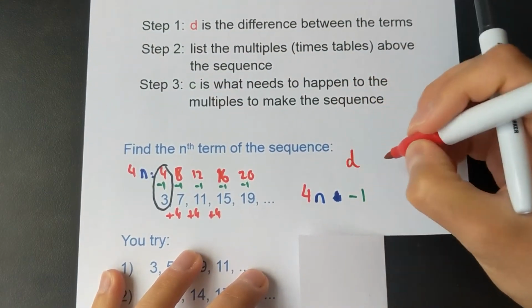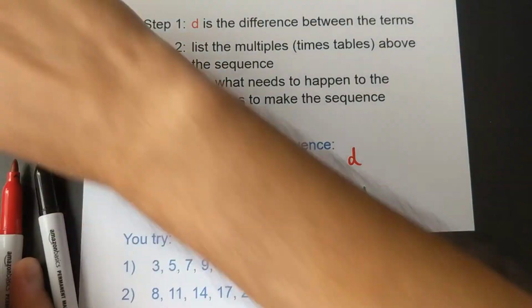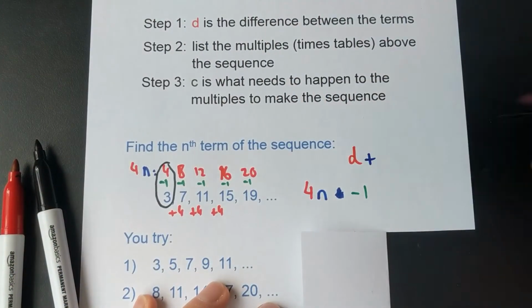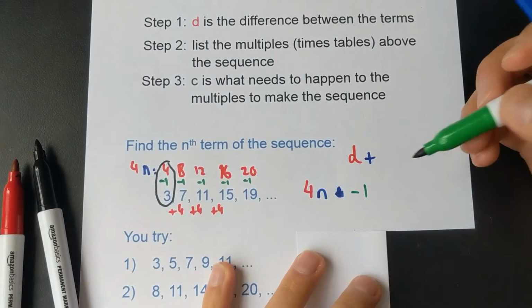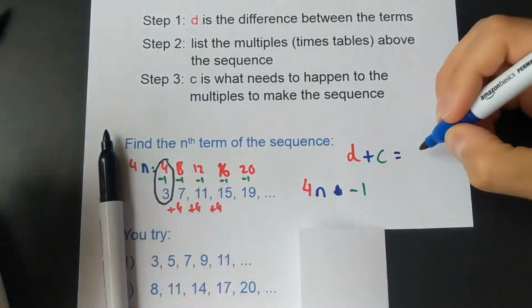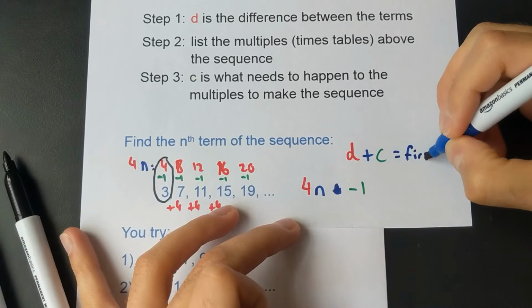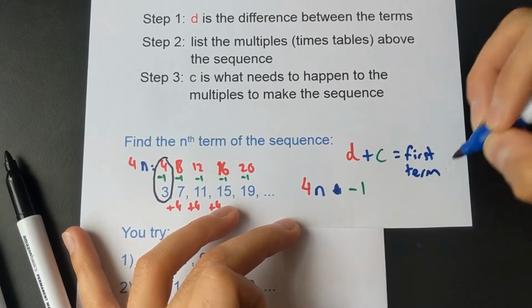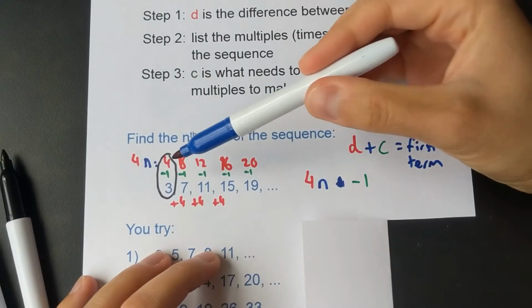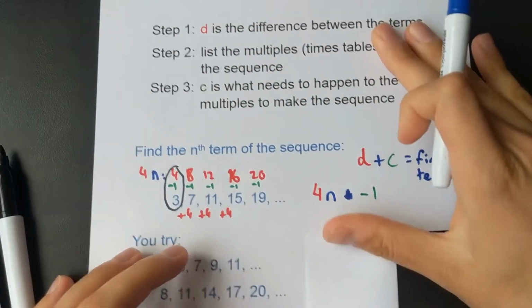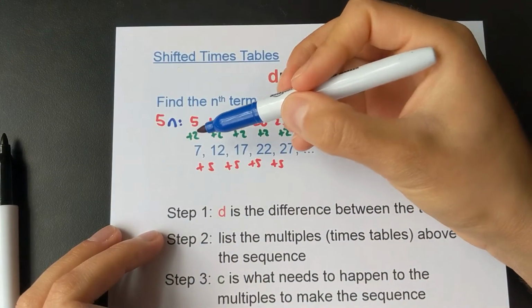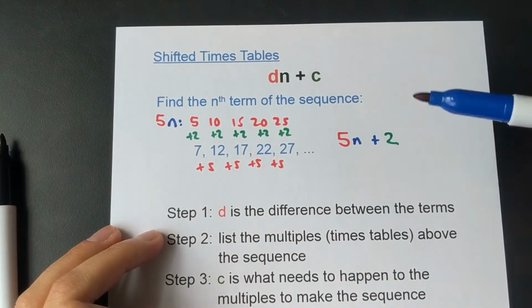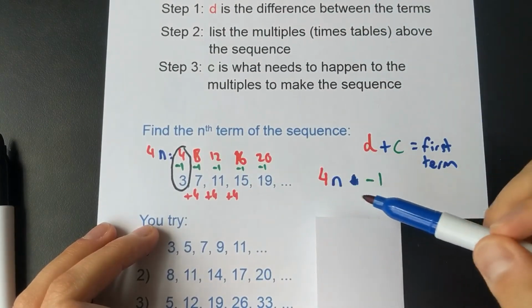D, and then add whatever C is, is the first term. So here, 4 take away 1 gives me 3. On this other example, 5 add 2 gives me 7. 5 and +2, 4 and -1.